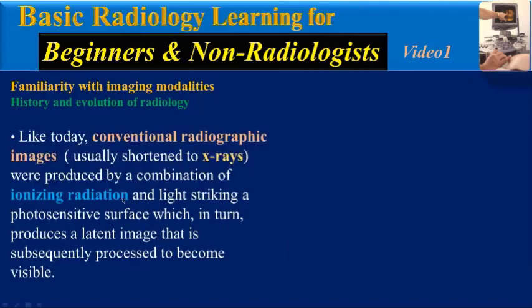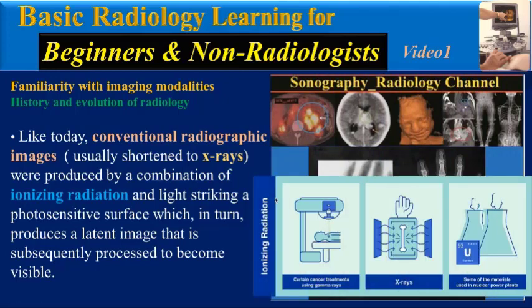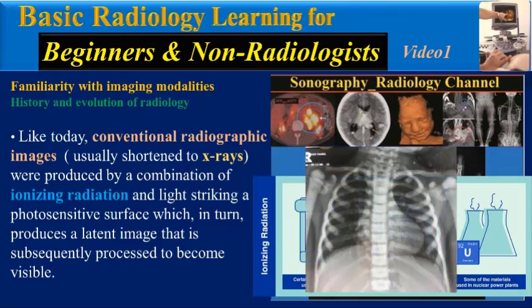Like today, conventional radiographic images, usually shortened to X-rays, were produced by a combination of ionizing radiation and light streaking a photosensitive surface, which in turn produces a latent image that is subsequently processed to become visible.